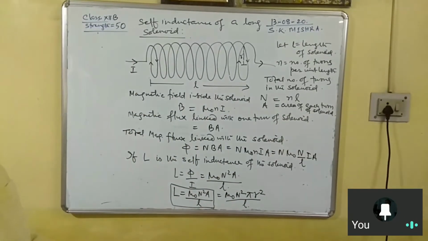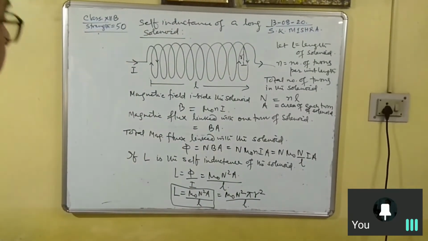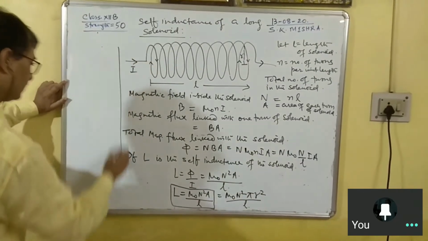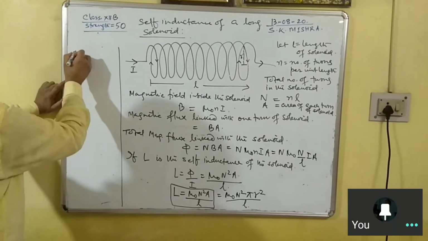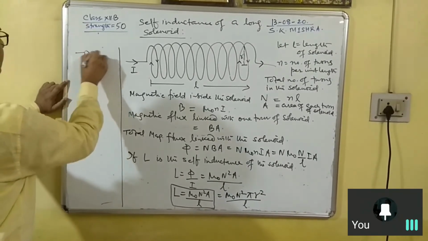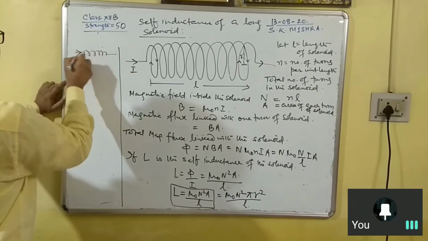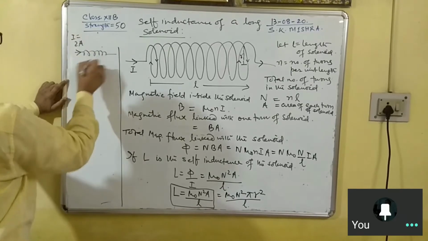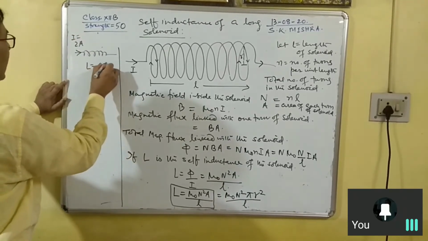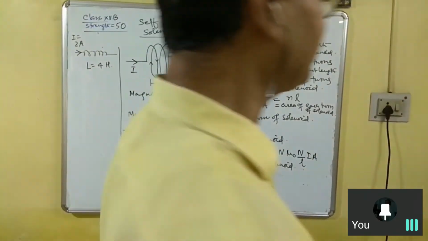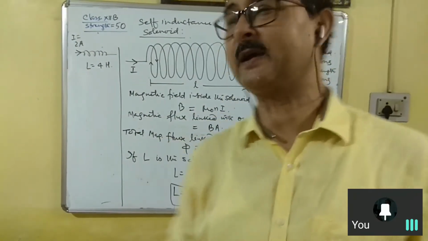Okay. Now if I ask you, if you have a solenoid, and the current flowing through it is 2 ampere and self inductance is found to be 4 Henry. Now what will be its self inductance if the current flowing through the solenoid becomes doubled?